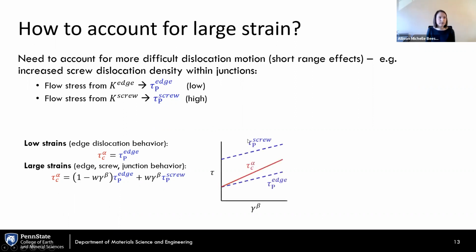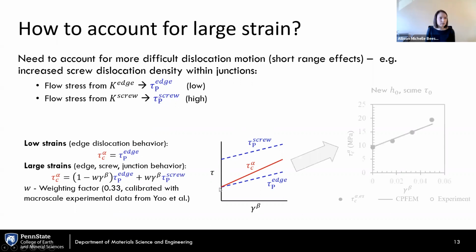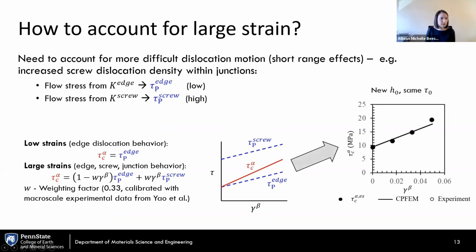So the schematic of what we did is we took, from before, I showed our tau versus gamma beta for just edge, but now we're saying that that's not enough to capture the strain hardening that we see in the actual experimental data. And we recognize that there should be some contribution of screw dislocations eventually. So we proposed this new method where we have incorporated this weighting factor W, which allows us to then go between these 2 curves.